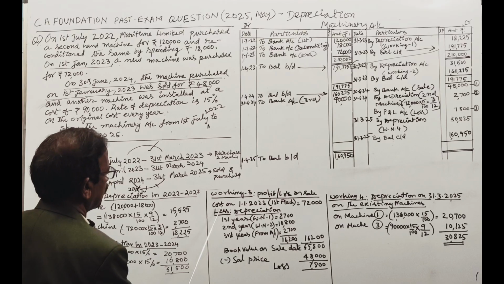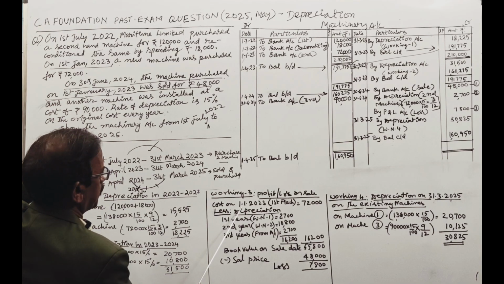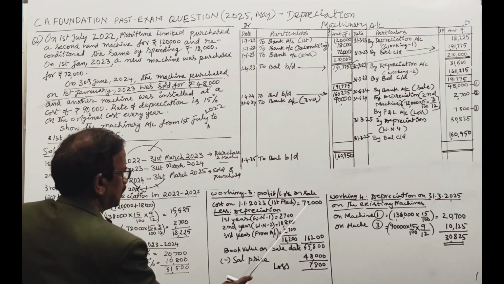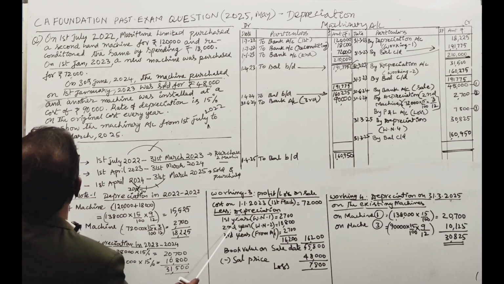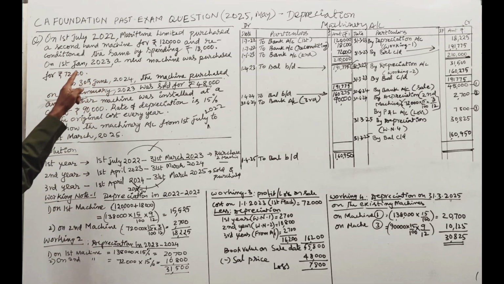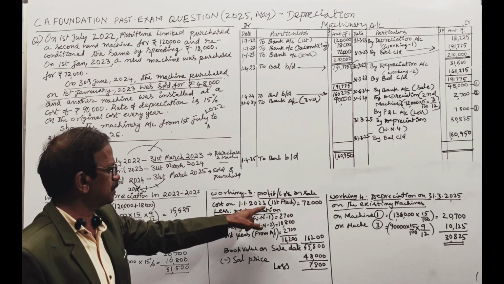First you should take the cost of the machine when it was purchased and for how much it was purchased. Cost of the machine is 72,000 and it was purchased on 1st January 2023. That's why I have written here 1st January 2023.